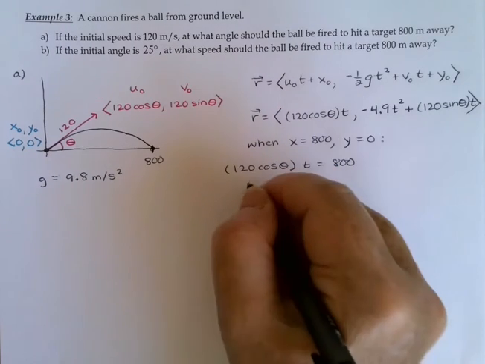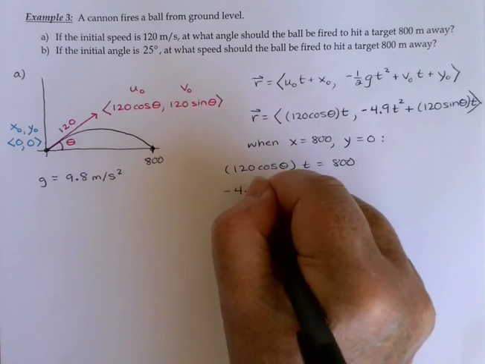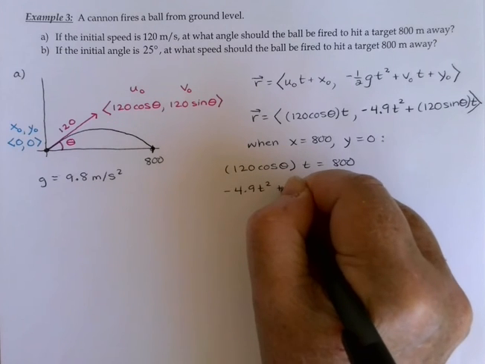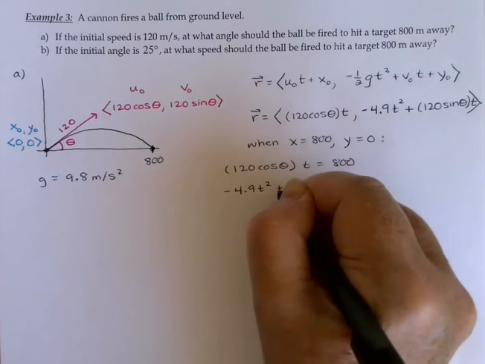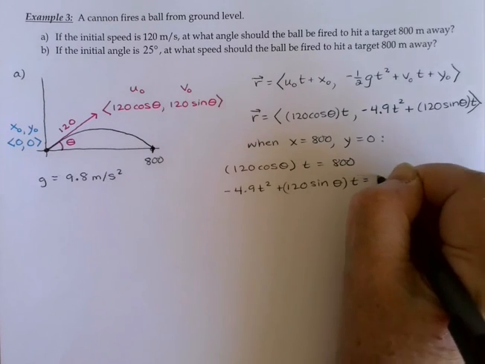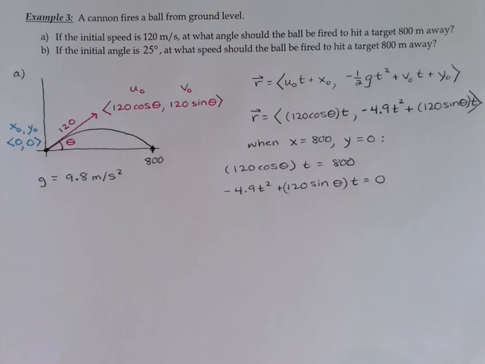And I'm going to set y equal to 0. All right, so I've got my system of equations. My two unknowns are t and theta. And ultimately, my goal is to solve for theta, right?